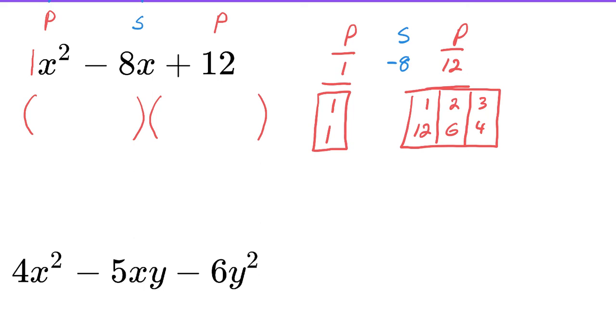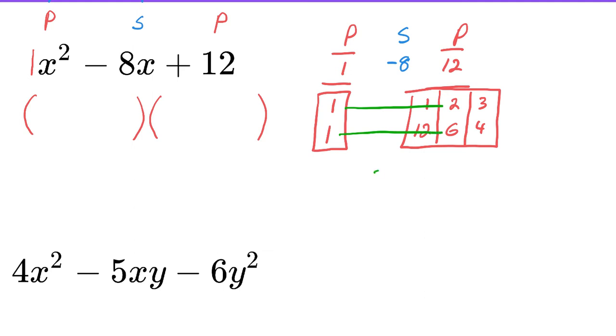These numbers are the same, so it's going to make it a bit quicker. I'm trying to make a negative 8. 1 times 1 is 1, and 1 times 12 is 12. I can't make an 8 whether I'm adding or subtracting with a 1 and a 12. So that's not going to work. With a 2 and a 6, I can make an 8.